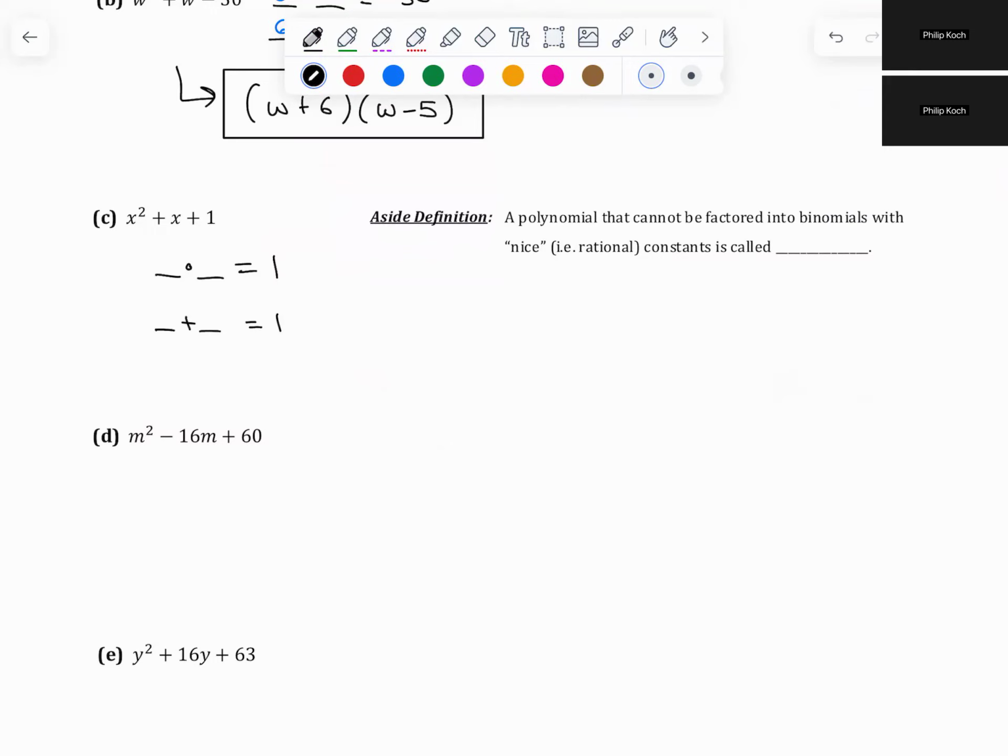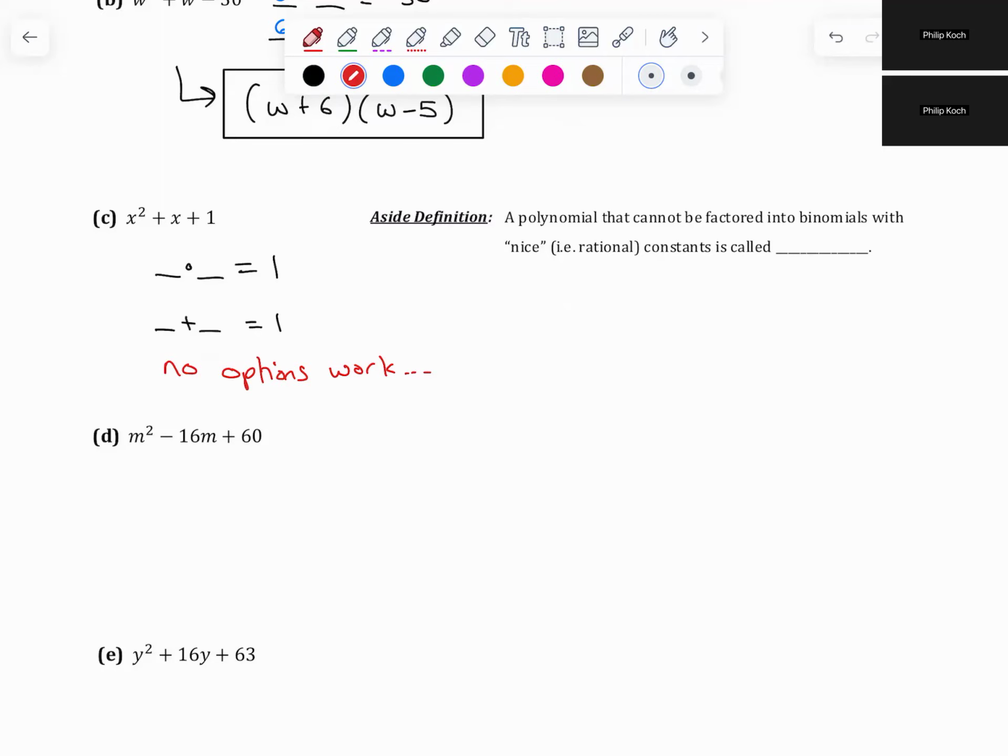But 1 plus 1 is 2. And then I'll say, well, maybe I can do -1 times -1. But -1 plus -1 is -2. So those are the only options, and none of them work. No options work. Does that mean this thing?